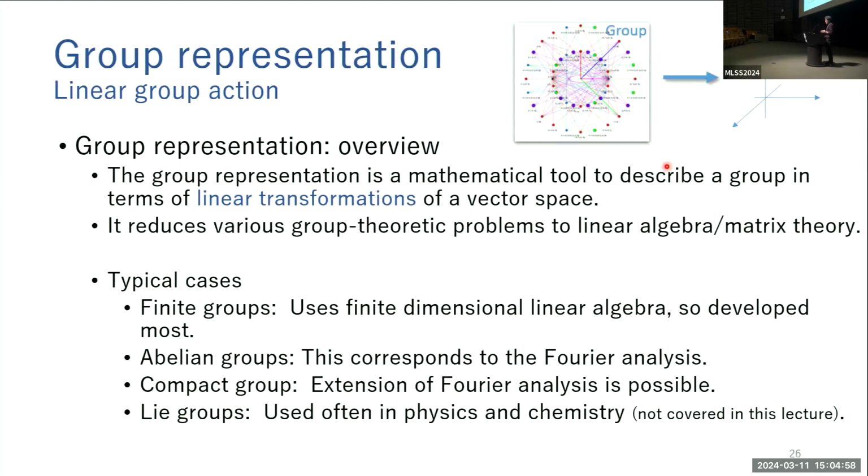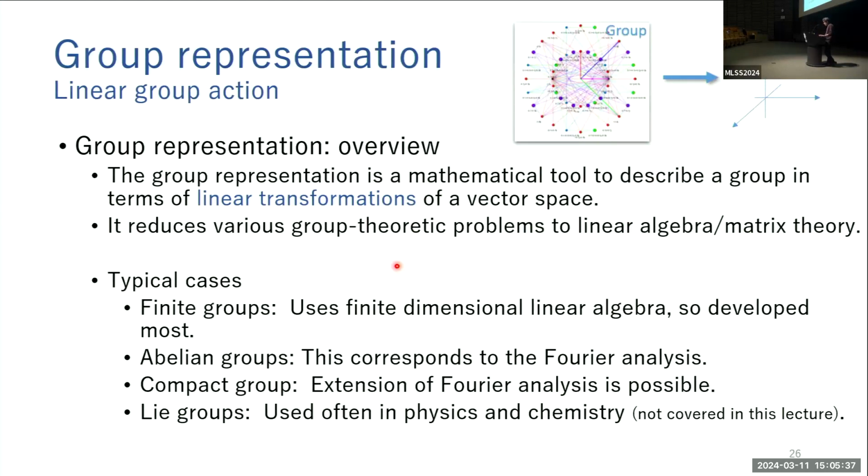However, mathematicians have developed a very nice idea of converting this complicated object to linear algebra. That is called group representation. And by this method of group representation, various complicated or difficult problems on the group can be converted to linear algebra or matrix theory. That is a virtue of group representation.